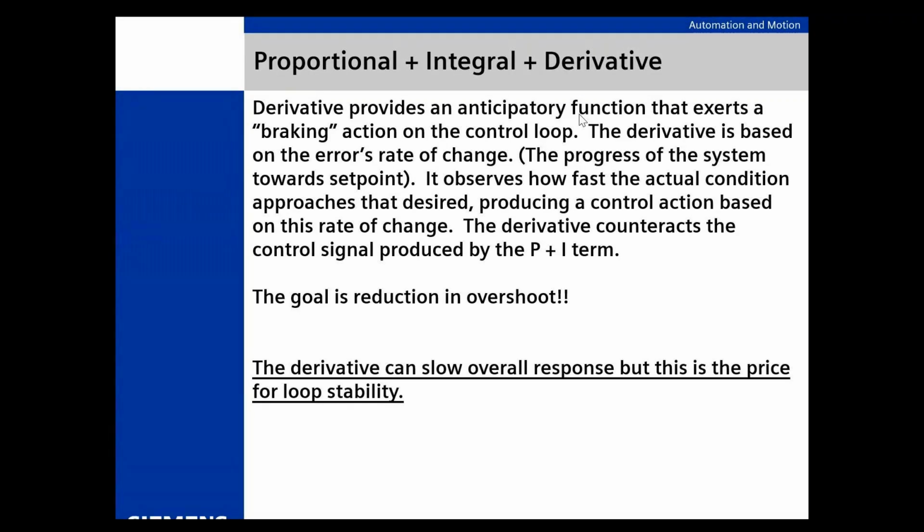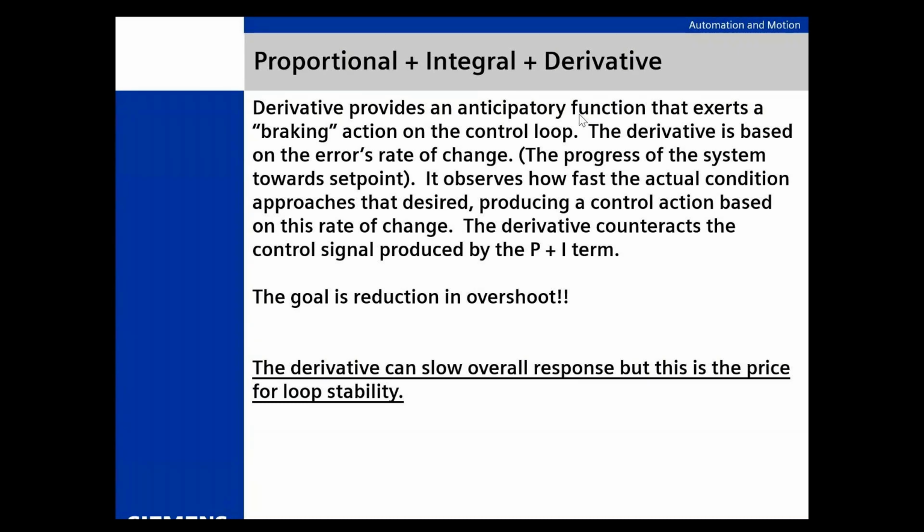Once it's correcting the error, the derivative looks at that and goes, okay, whoa, we need to brake. We need to stop. We're going to overshoot if we don't slow down here. We're going to go past the stop sign. Okay? The goal of the derivative is strictly to reduce that overshoot. I'd like to say eliminate that overshoot, and sometimes you can. Realistically, sometimes you can't. It just depends on the loop.